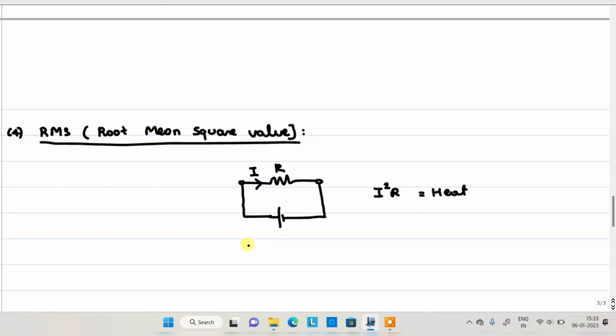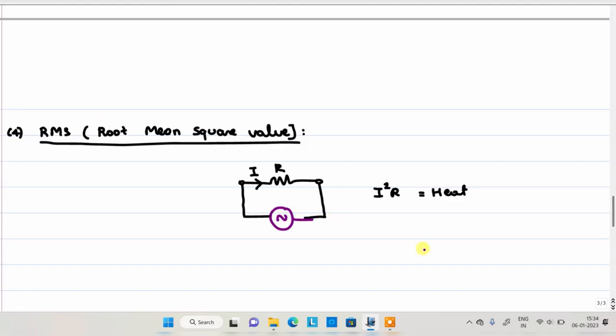In the same circuit I disconnect the battery and connect an AC supply across these terminals.